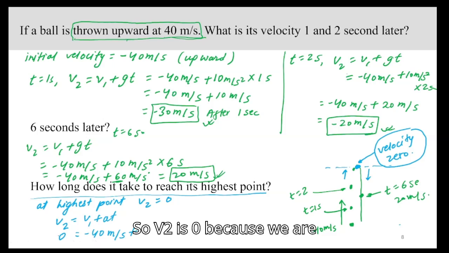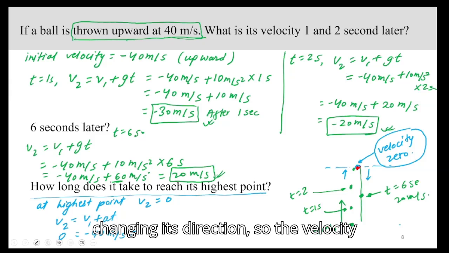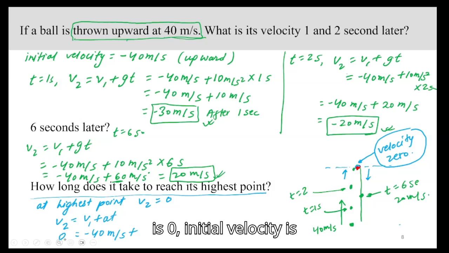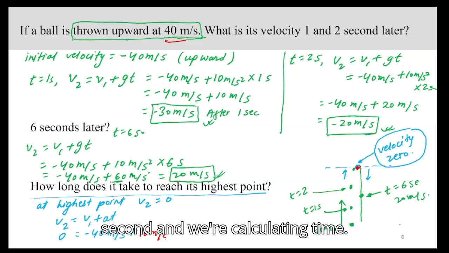So v2 is 0 because we are looking at the point where it is changing its direction. So the velocity is 0. Initial velocity is given here, minus 40 meters per second, and acceleration is 10 meters per second squared, and we're calculating time.